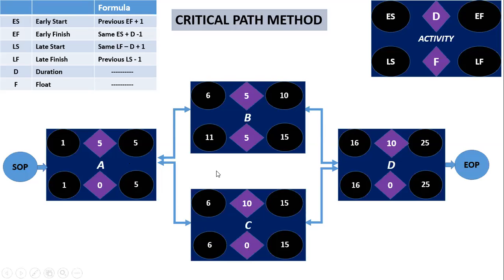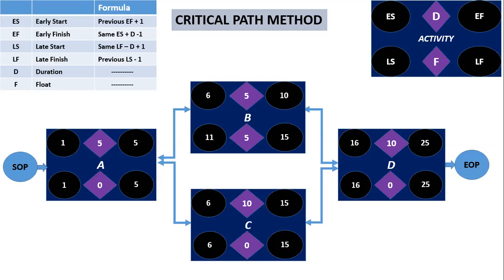This is the thumb rule. Got it? Yes, sir. Then 6 minus 1 is equal to 5, right? Okay.